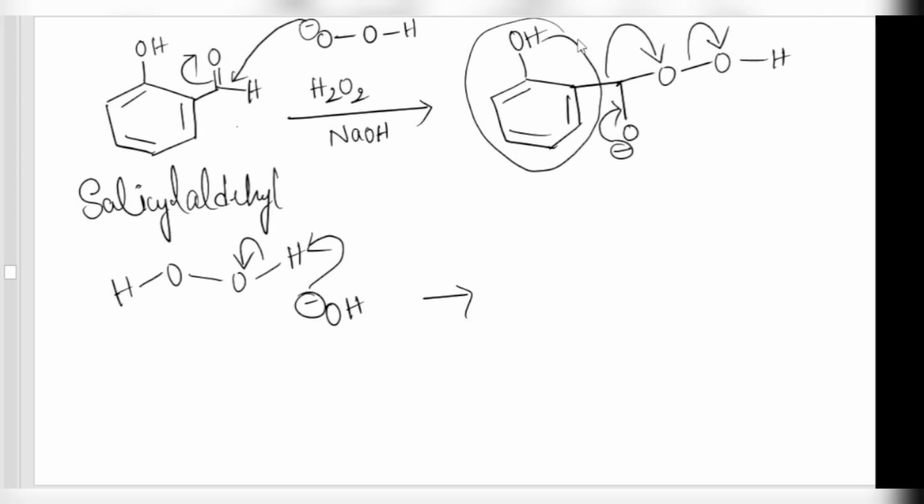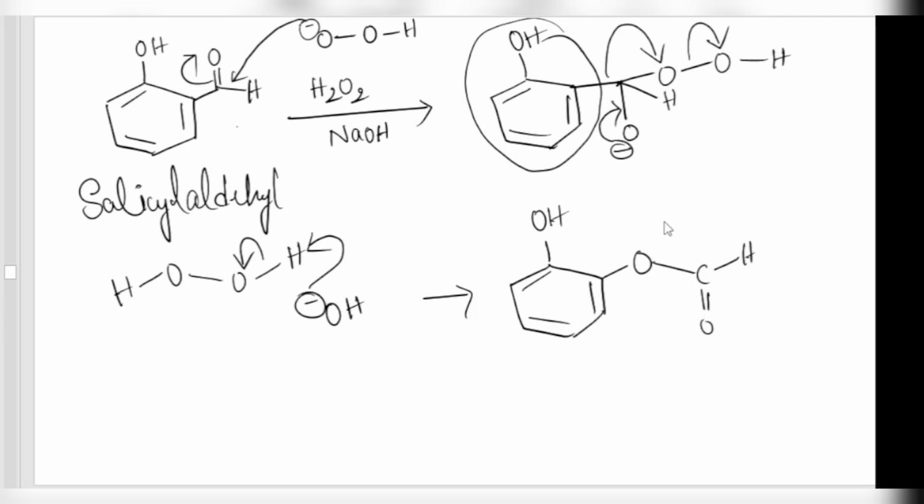Now what we will get, first of all I will write this particular phenolic group over here like this, and this group is attached to this particular oxygen. Here oxygen is there, this oxygen is attached to this particular carbonyl group, and here one hydrogen is there. I have not shown it over here, but one hydrogen is there, that is this one.